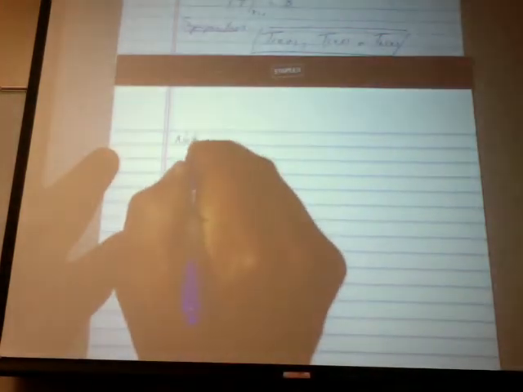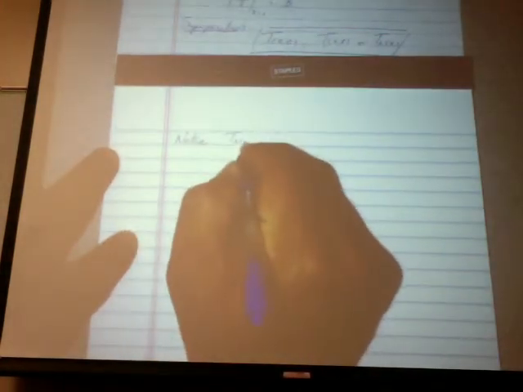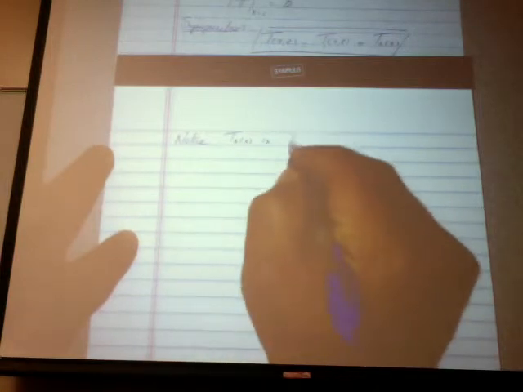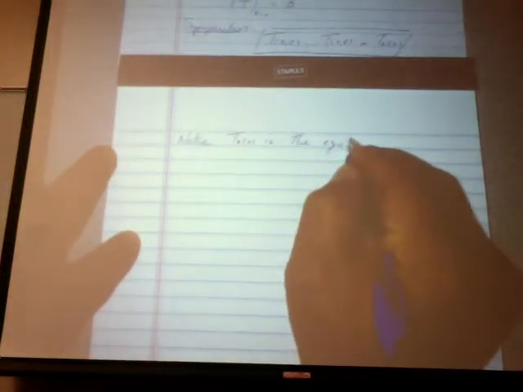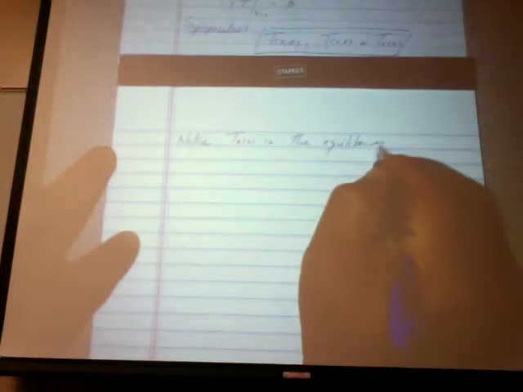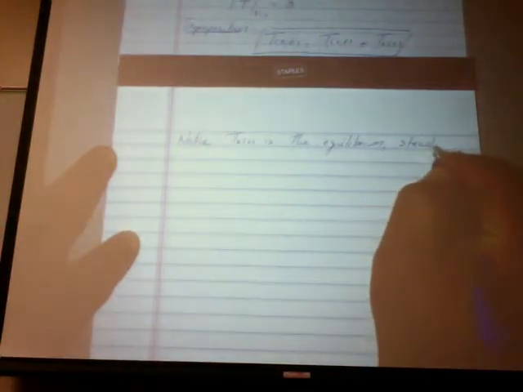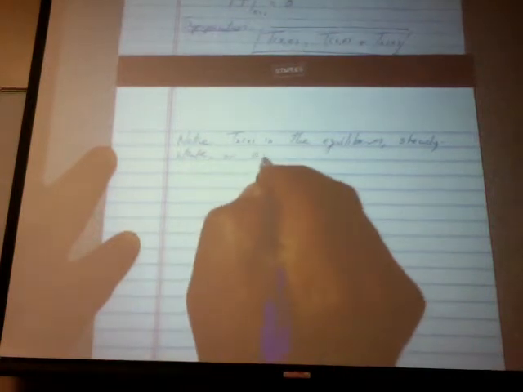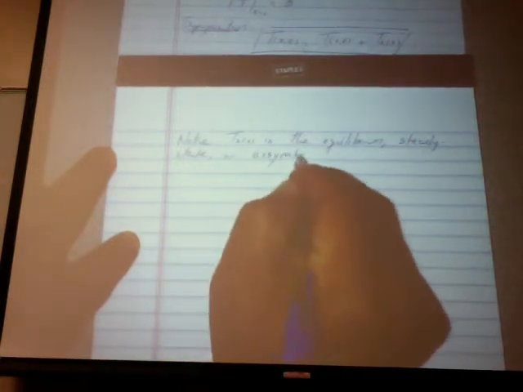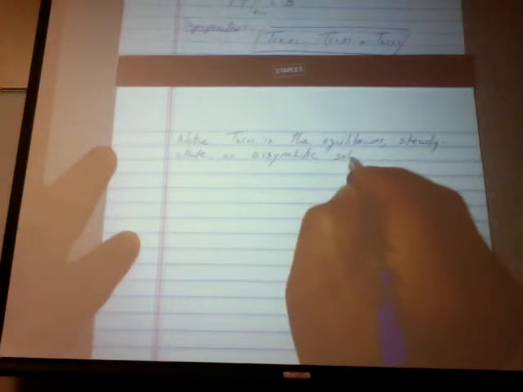Notice T2 is the equilibrium, steady state, or asymptotic solution. That's what would happen when time goes to infinity. This one will vanish, and you'll be left with T2.